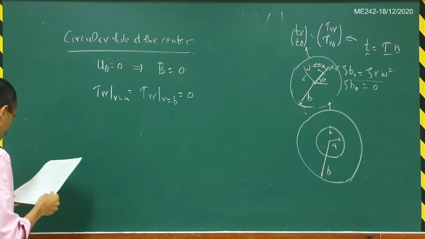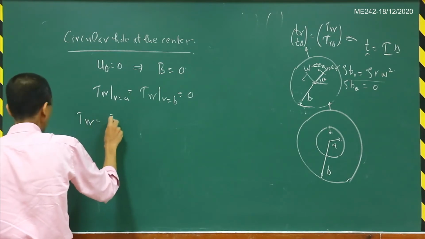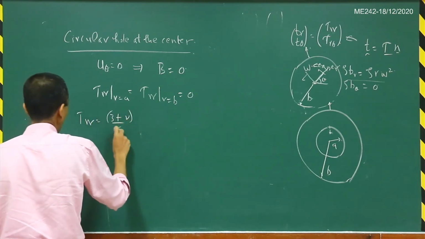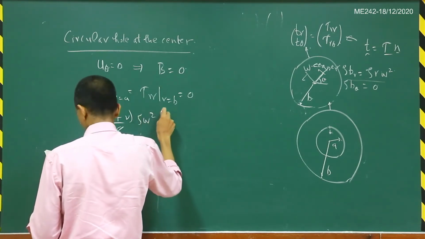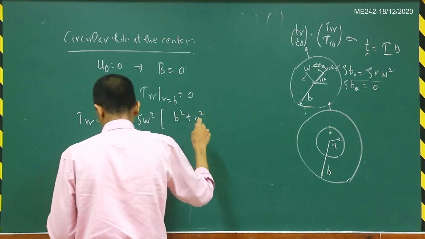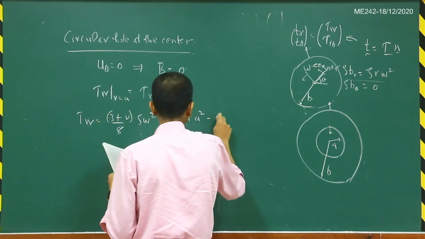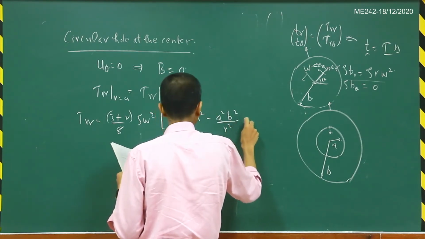Then what you will get is that tau r is equal to (3 plus mu) divided by 8 times rho omega square times (b square plus a square minus a square b square divided by r square minus r square).